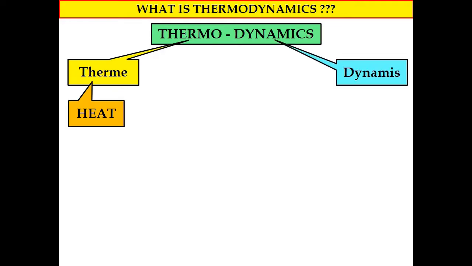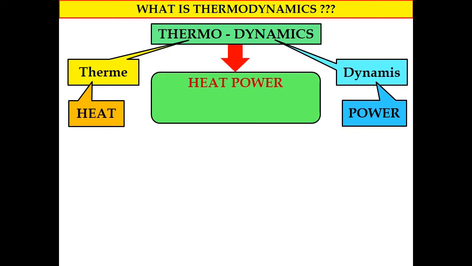These words come from the Greek words, where thermo comes from therme, which means heat, and dynamics comes from dynamis in Greek, and the meaning of dynamis is power. So thermodynamics is literally the heat power, in terms of the meaning of the words.